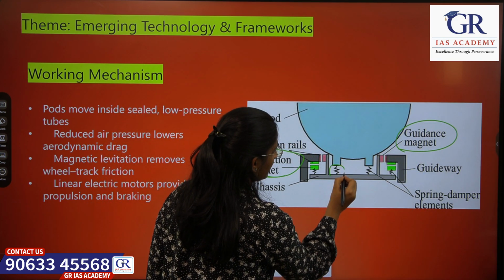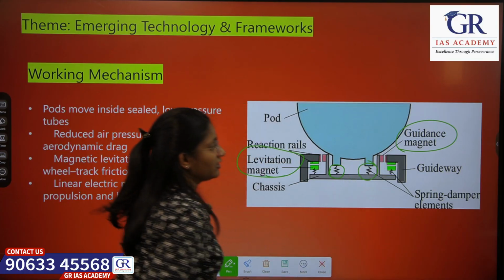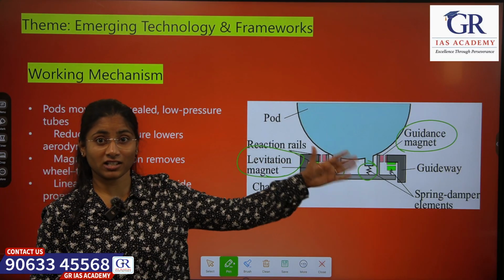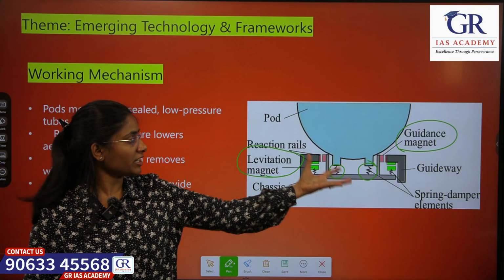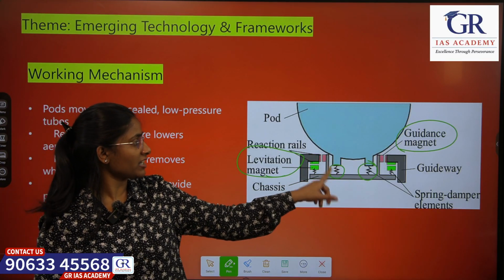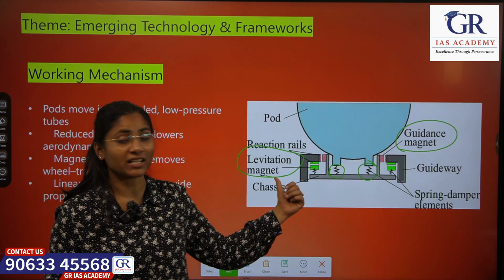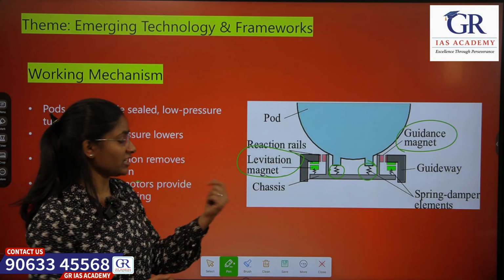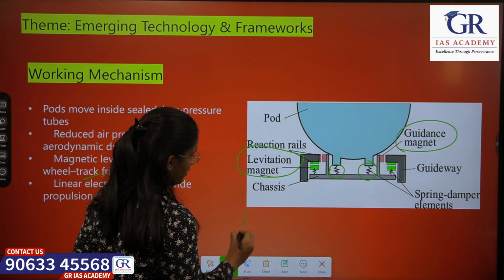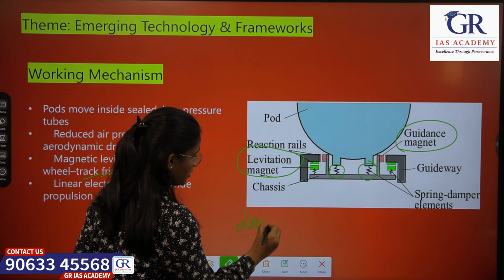If you notice here, the pod is not touching the rails. These are the rails. It is actually floating in the air because of the magnetism produced by these magnets. How is this magnetism produced? Linear induction motors.